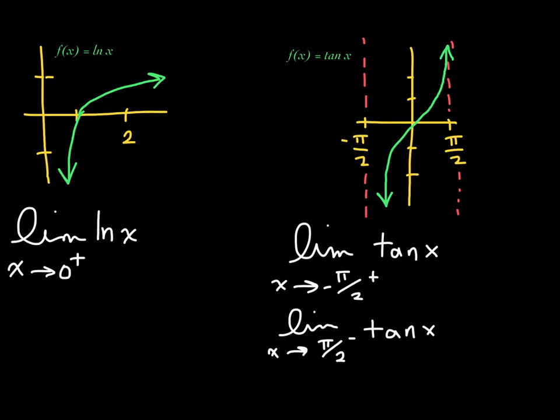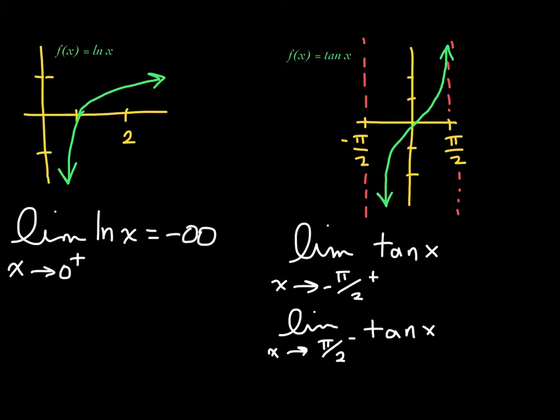For the natural log function, as x approaches 0 from the right, my function values are decreasing without bound. So I hope you described that by using the negative infinity symbol. For the tangent function, as x approaches negative pi over 2 from the right, my function values are decreasing without bound.